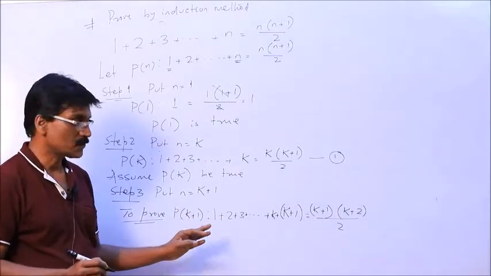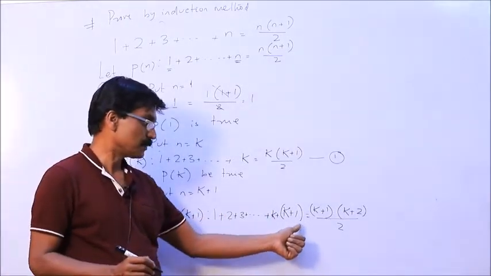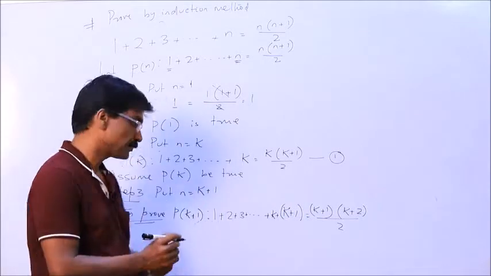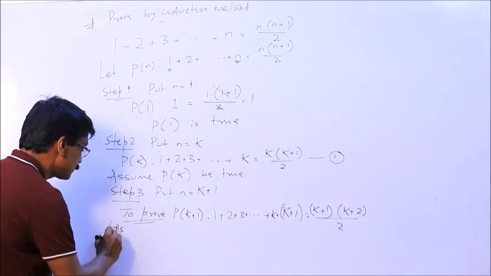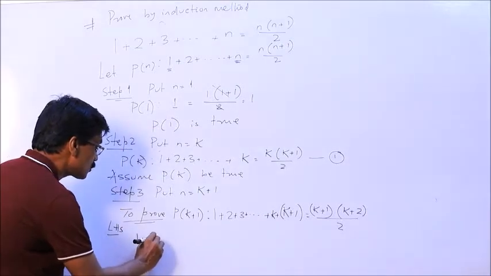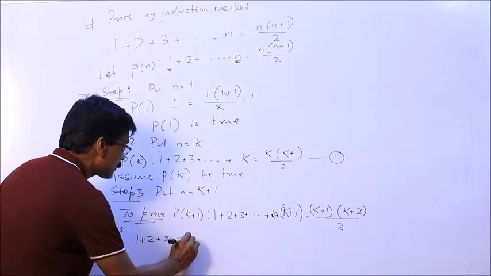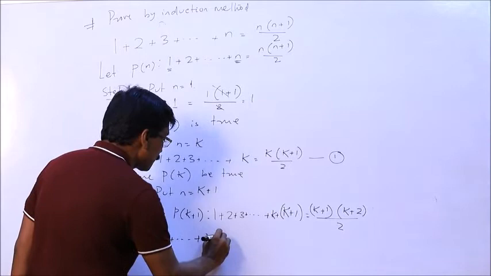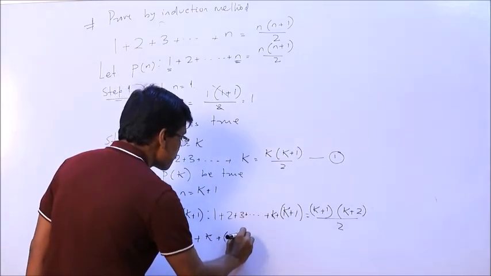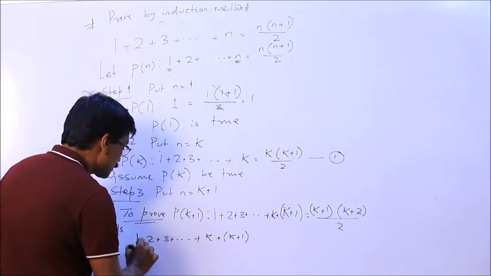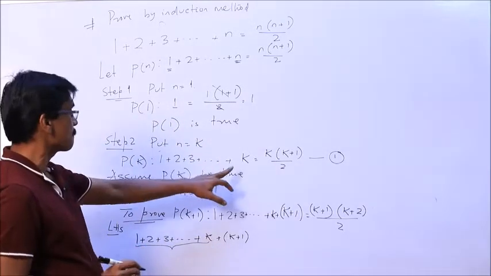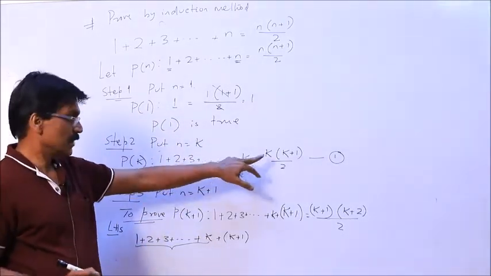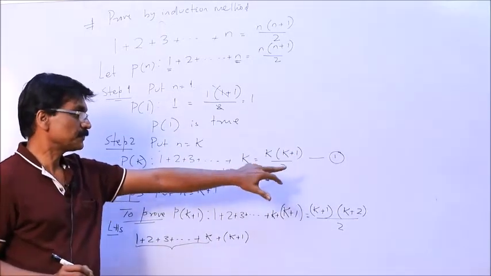P(k plus 1) is sum of 1, 2, 3 up to k plus 1. We move from left hand side, that is 1 plus 2 plus 3 up to k plus k plus 1. Now, the sum of 1, 2, 3 up to k is k into k plus 1 by 2.